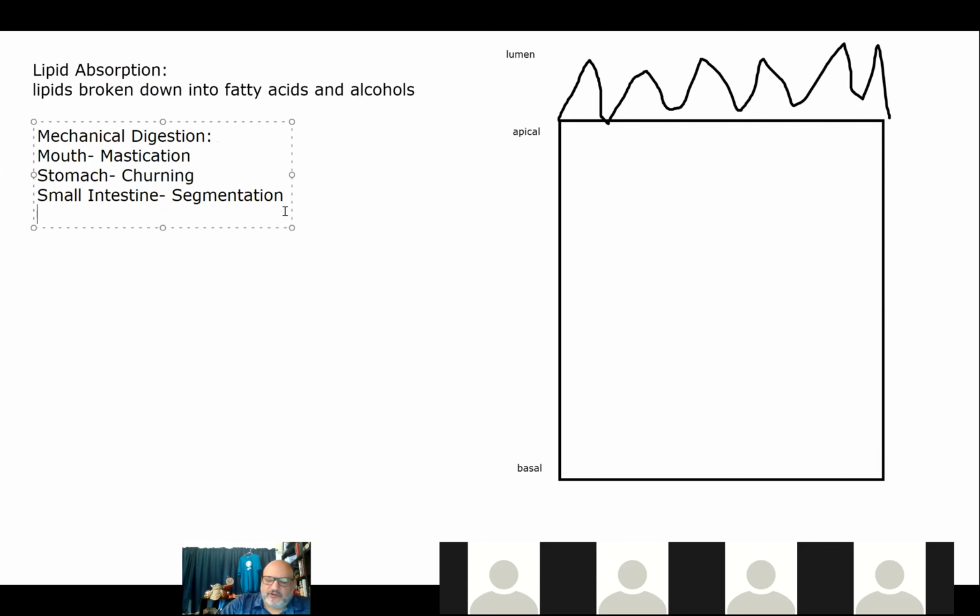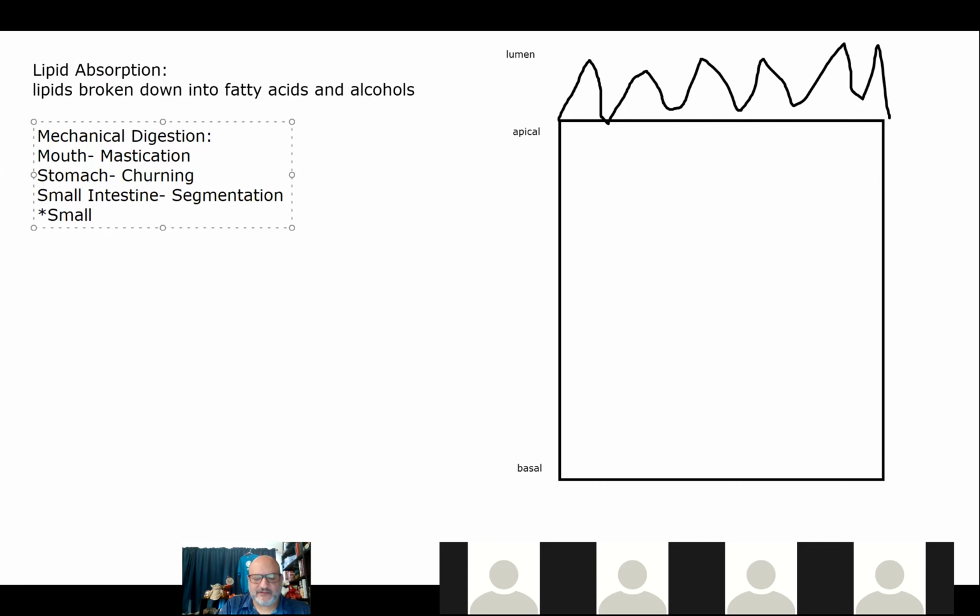But let's ask the same question we asked for proteins. Is there any location or any type of additional special mechanical digestion that just takes place in association with lipids? And if so, where and how? Bile emulsifies it. Excellent, absolutely. And where does that occur? Small intestine. Excellent.